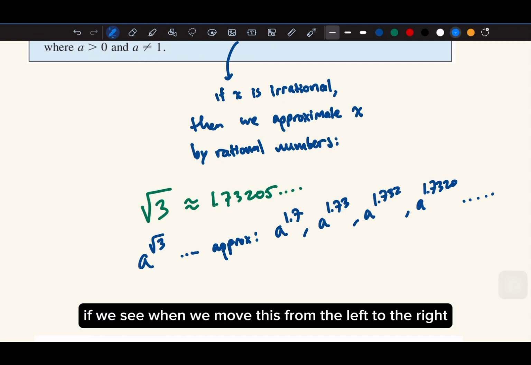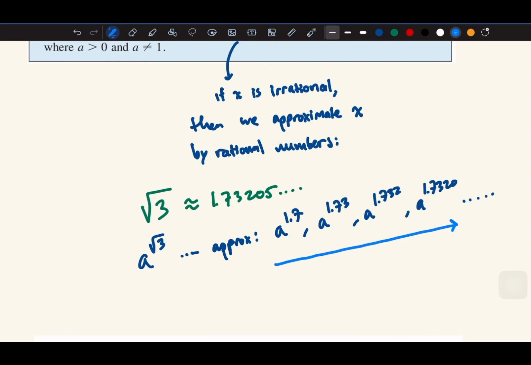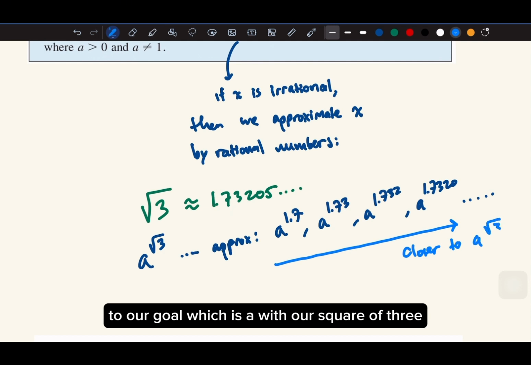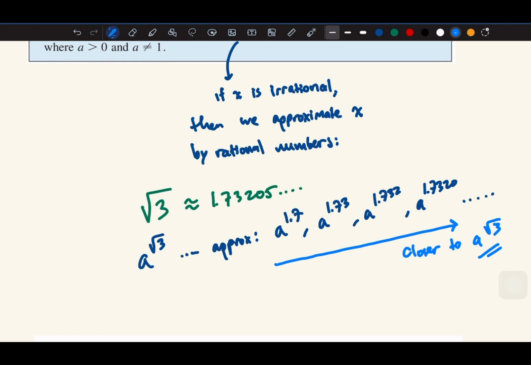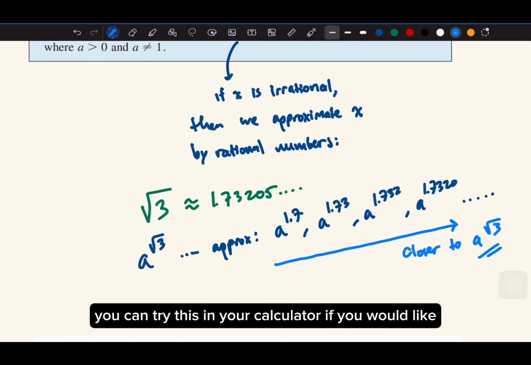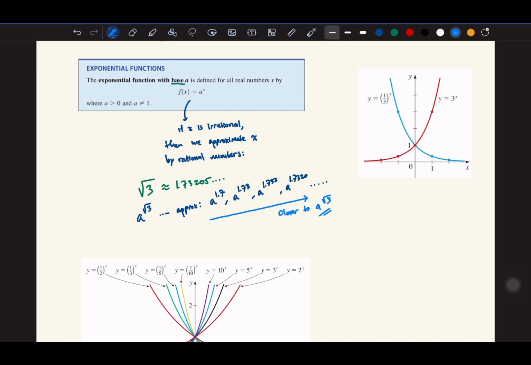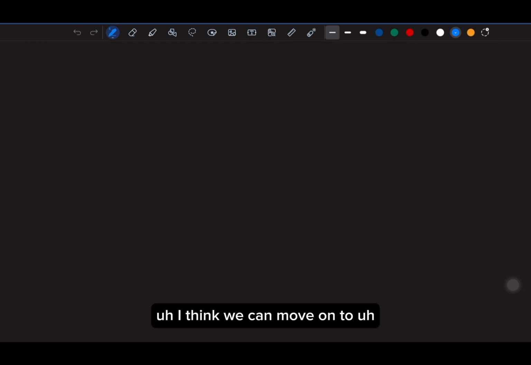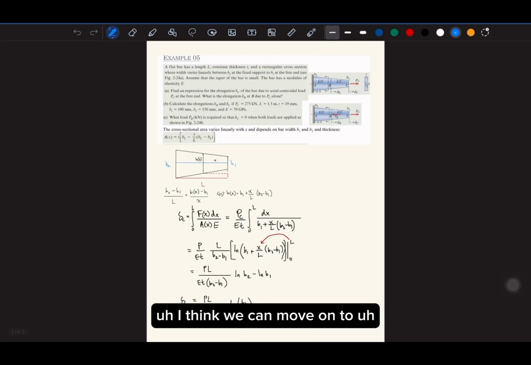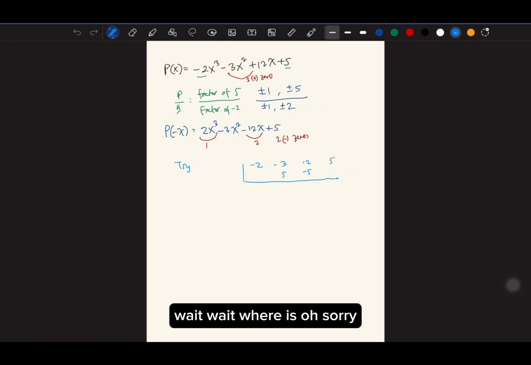When we move this from the left to the right, it will be getting closer to our goal, which is a with power of square root of 3. You can try this in your calculator if you would like, but I think that would be just that.